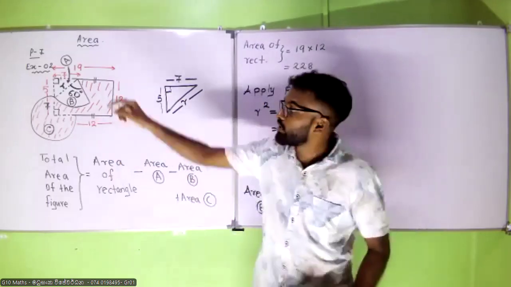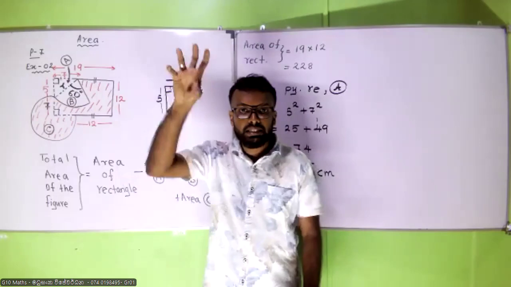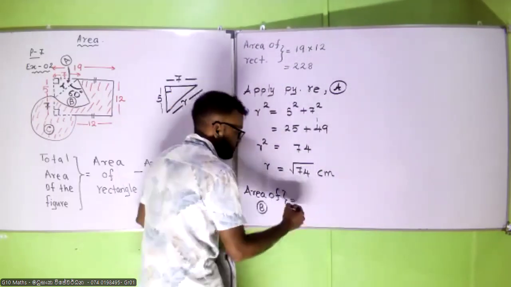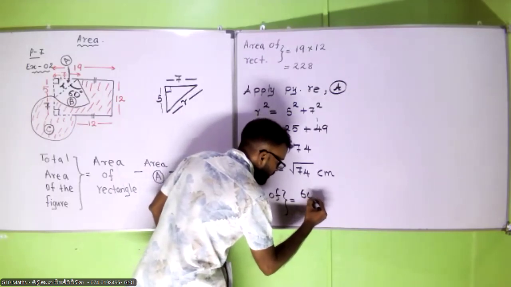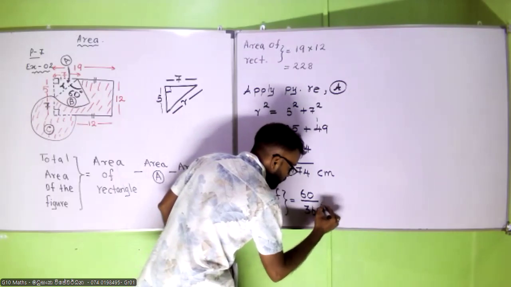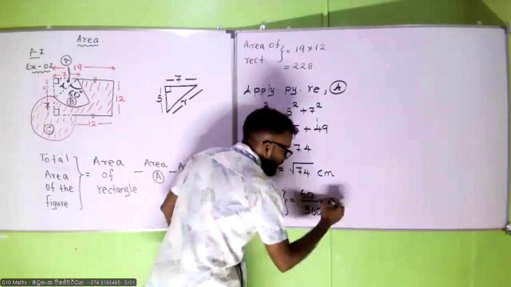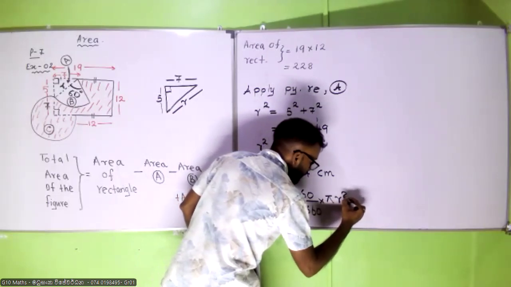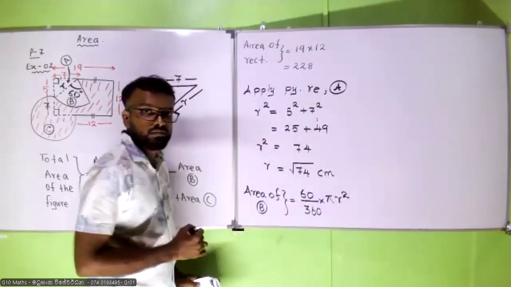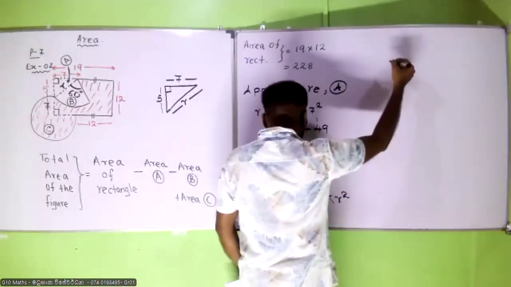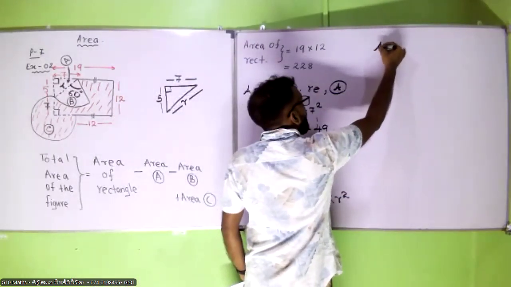How to find the portion of the circle for this part B? 60 divided by 360. 60 divided by 360 is the portion of the circle, and pi r squared. Now I am going to simplify this.